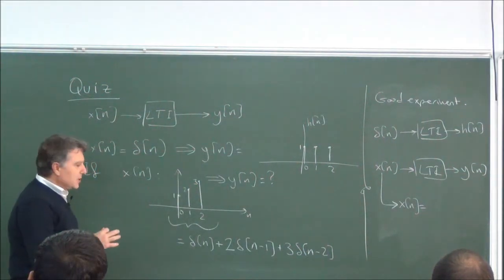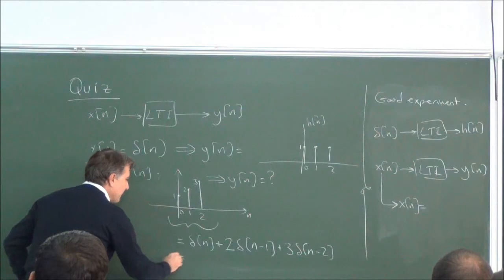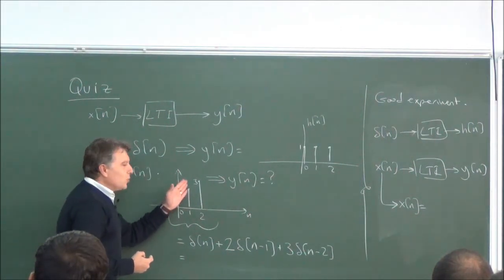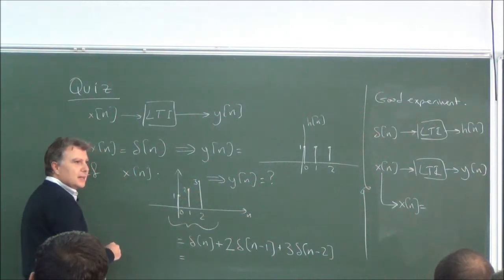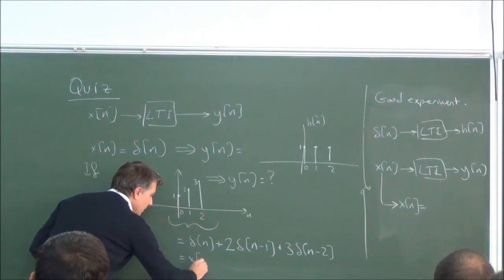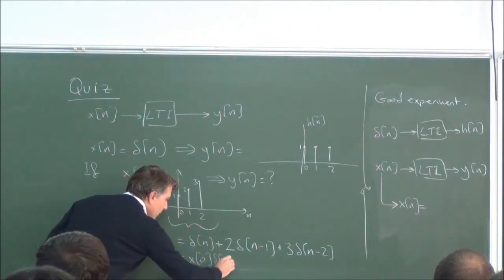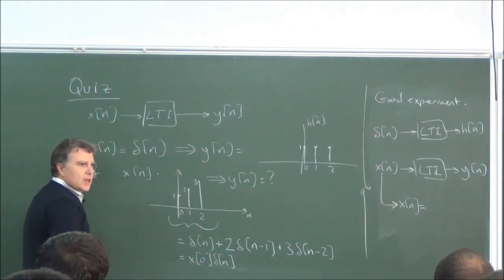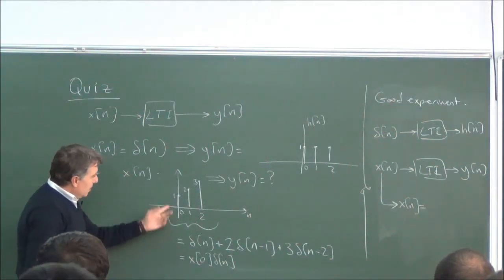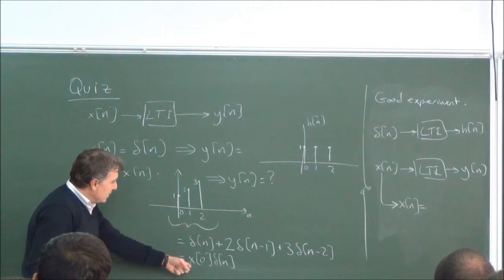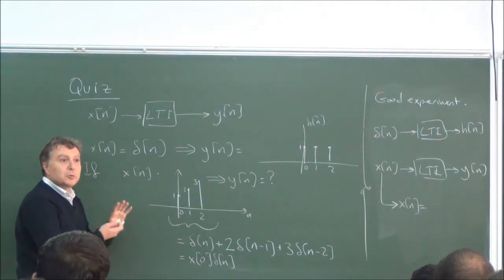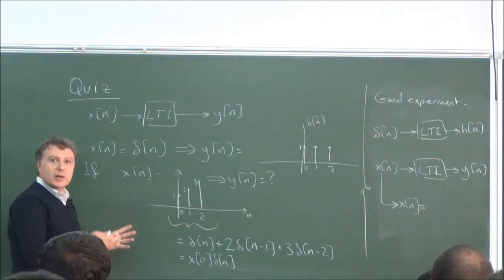Now, a nice property about this is, although it's implicit, we know that the values are 1, 2, and 3. Let me write it like this. What is 1? That is x of 0. In general, whatever the value here we have, our signal would be x of 0 times delta n. It could be 1, it could be any other value, it could be pi, it could be 7.1.